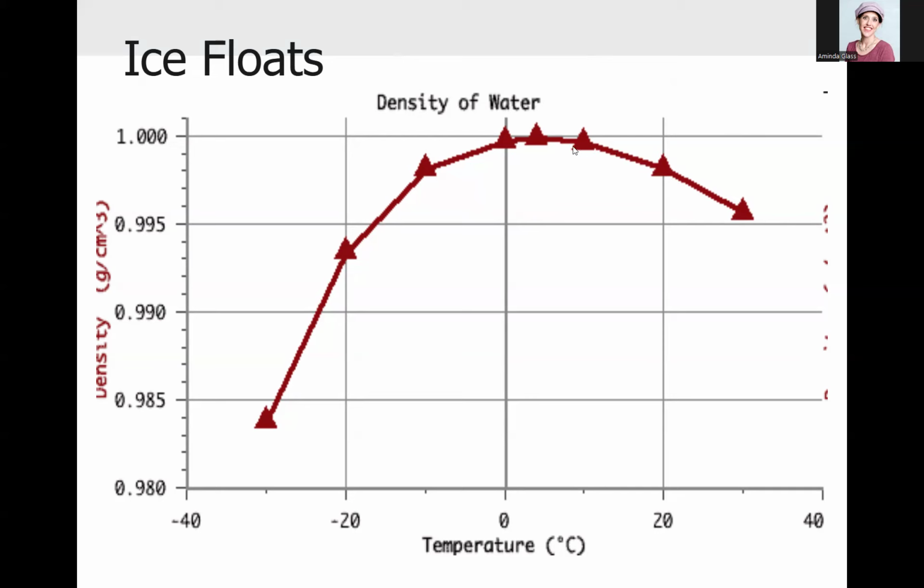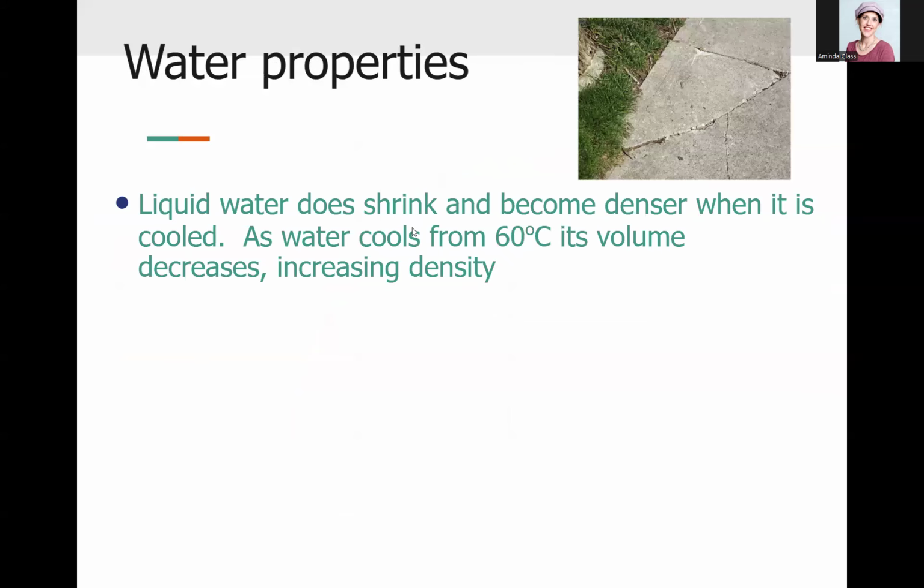And then whenever it freezes, it starts to decrease. So as water freezes, its density decreases. So it floats on top of its liquid form, which is actually really unique. Most solids are more dense than their liquids.